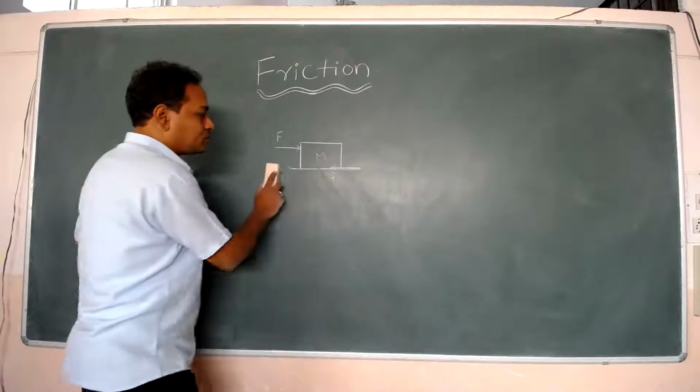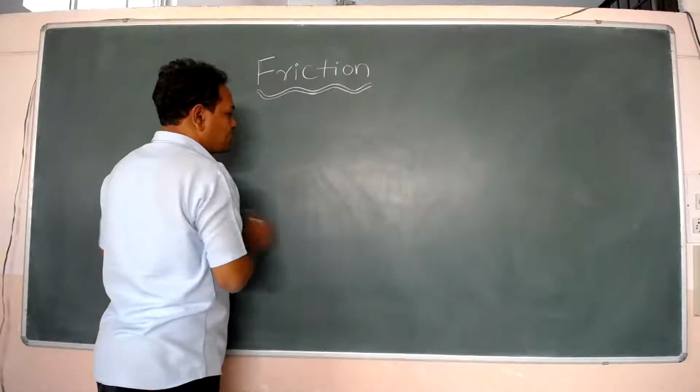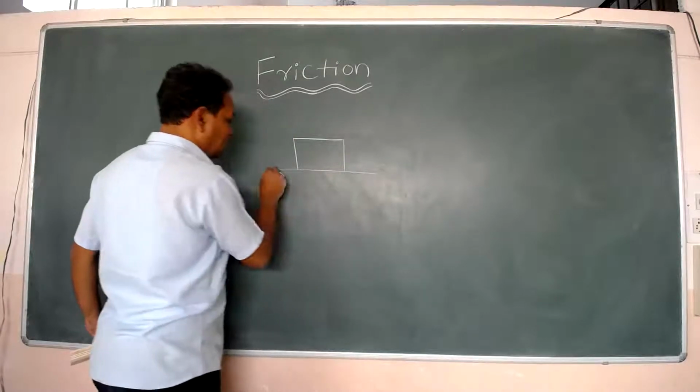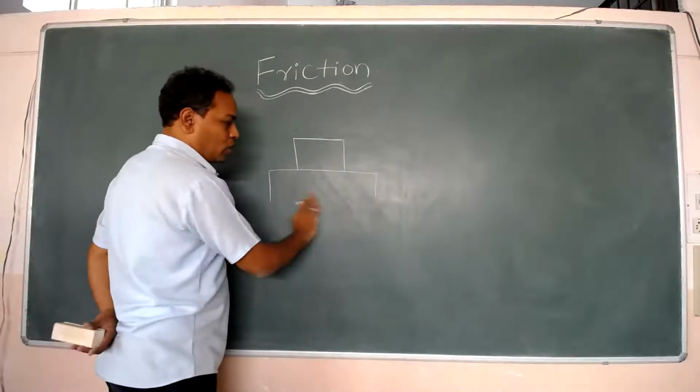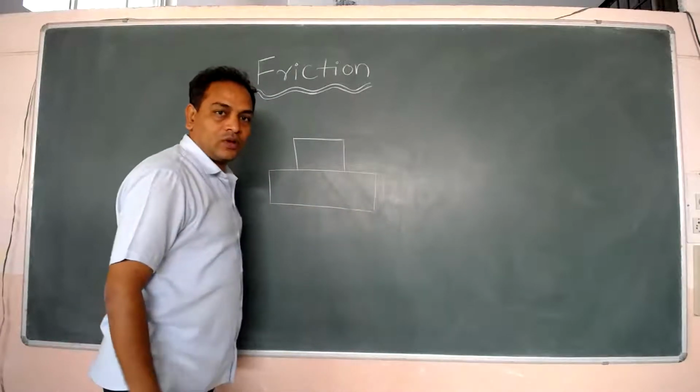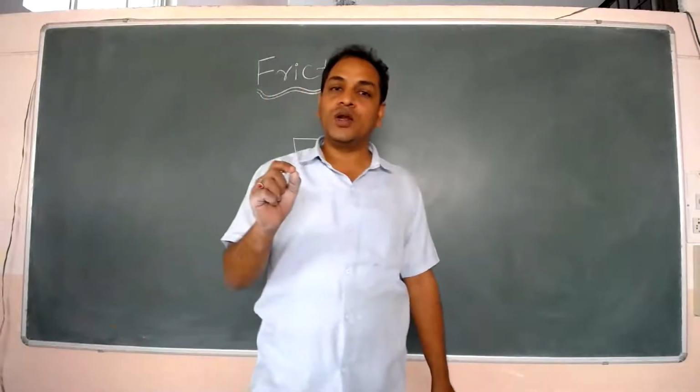Okay, so here suppose this is one body, and this is one more body. Suppose I have taken two bodies. When does the frictional force come into play?